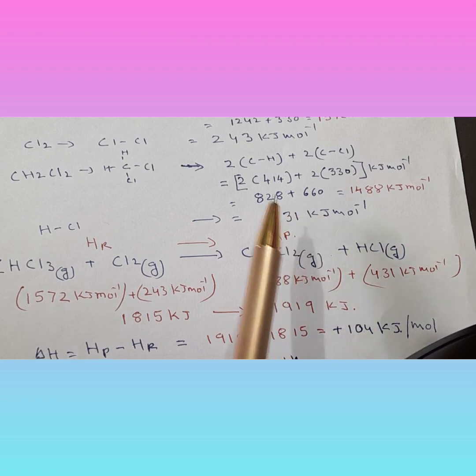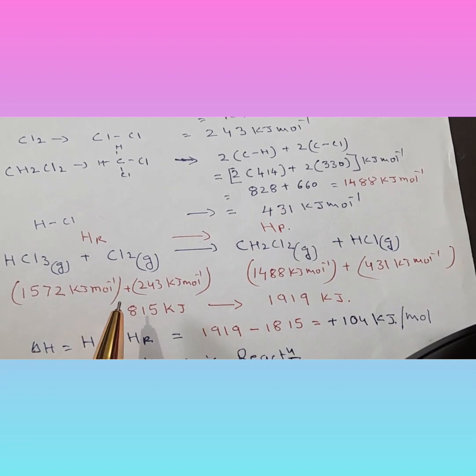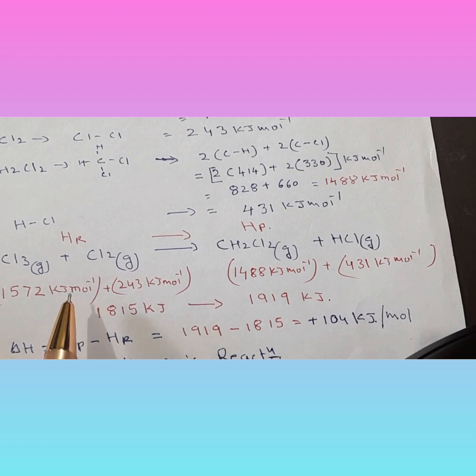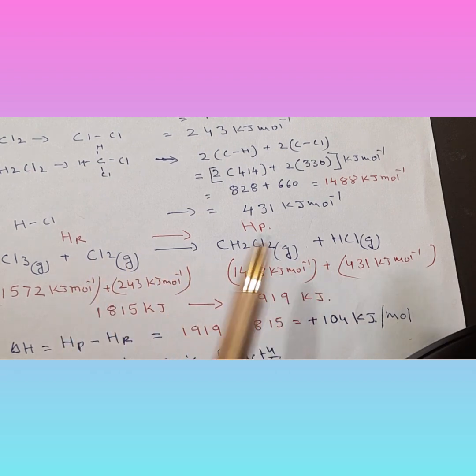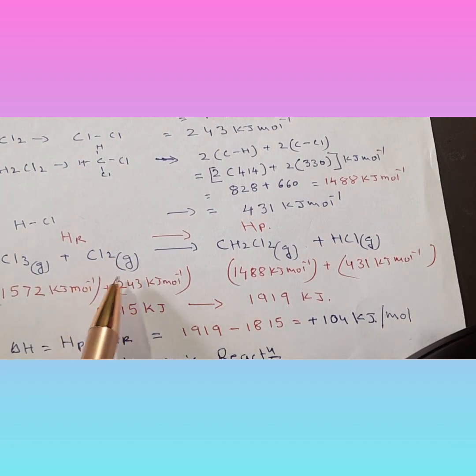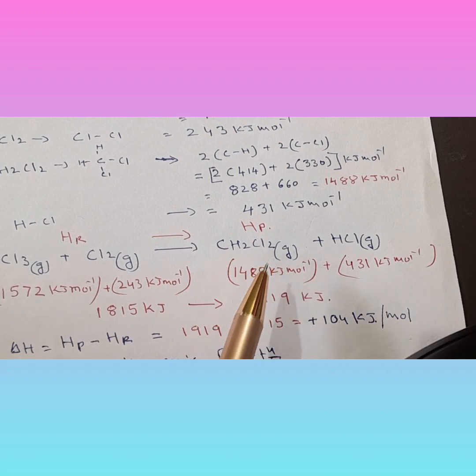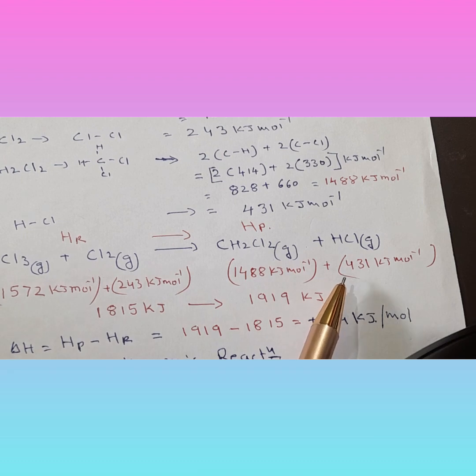Now we place all those enthalpies that we calculated under the individual molecules. For CHCl3 we calculated 1572, for Cl2 243, and for dichloromethane CH2Cl2 we calculated this much, and HCl this. So it is all jotted down, and we sum it up.